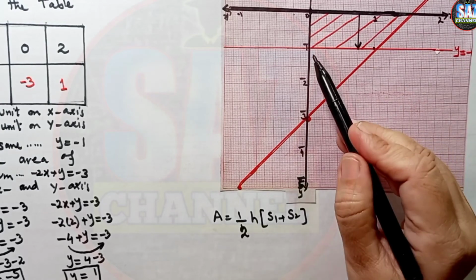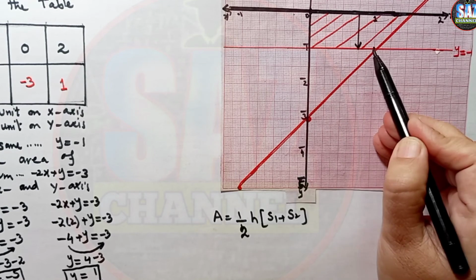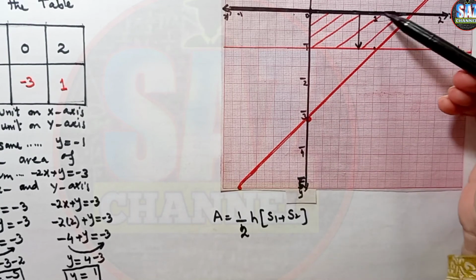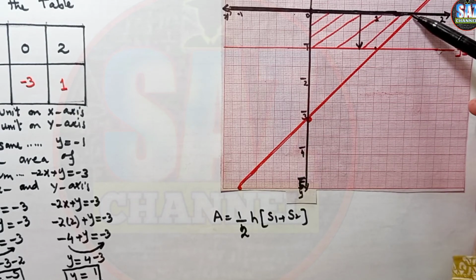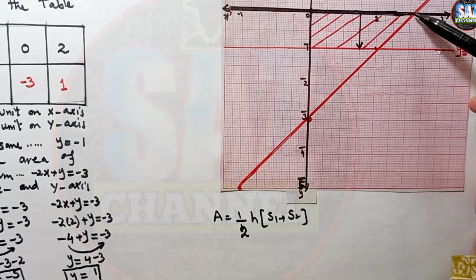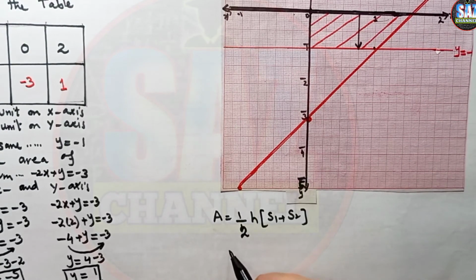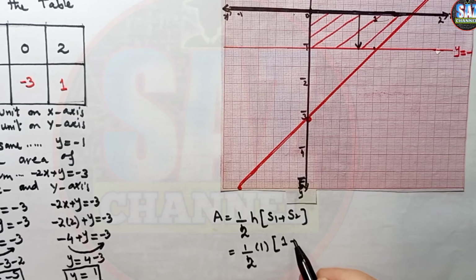And now if you look at the parallel sides, one side is of 1 unit, and the other side, this is 1, and after that I am leaving 2 blocks. So this will be 0.25, 0.25, 1.5. So my area will become half, height is 1 unit, and sum of parallel sides, this is 1 unit plus 1.5.